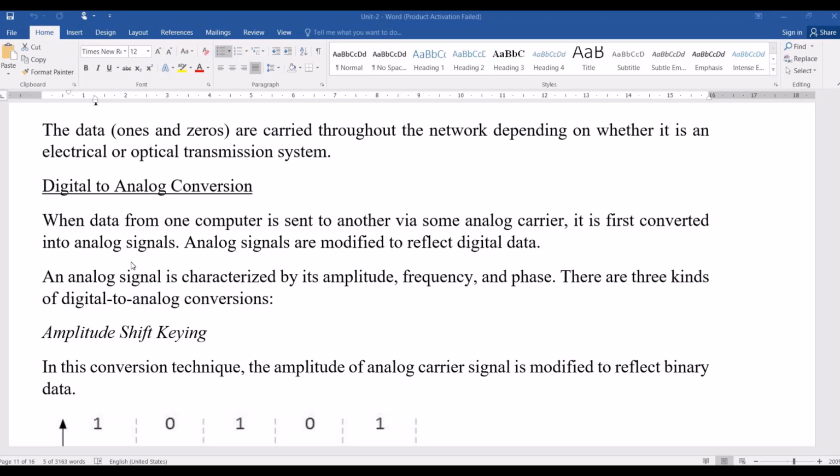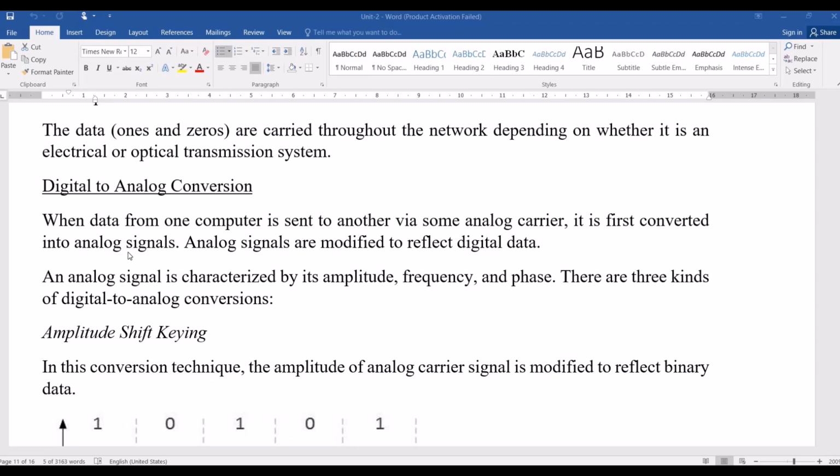When data from the computers, all those devices are digital in nature: computer, laptop, tablet, mobile phone, all are in digital form. Data are processed in the digital format, zeros and one only.